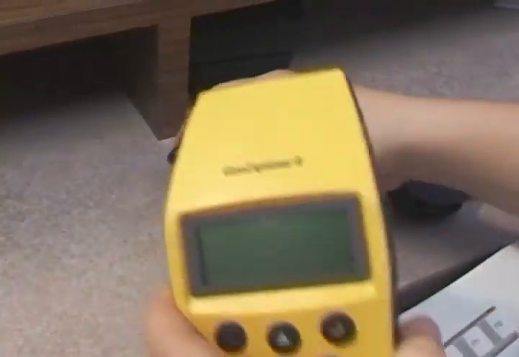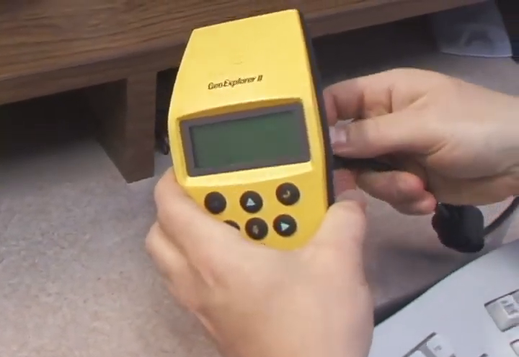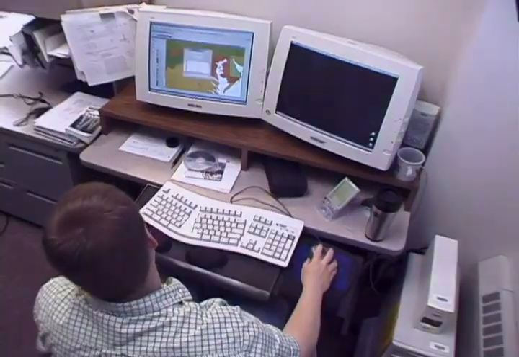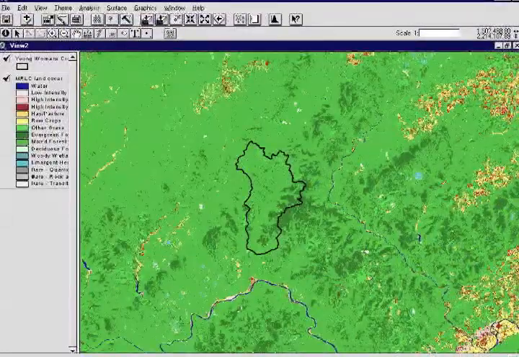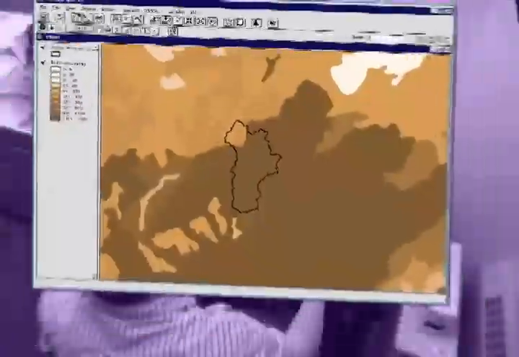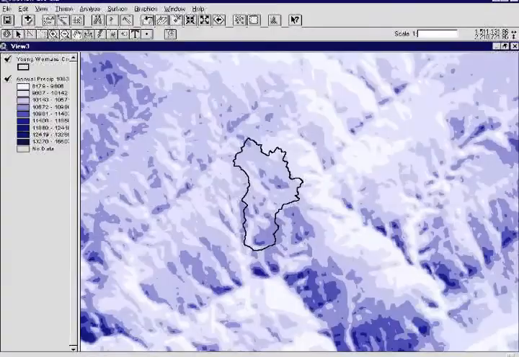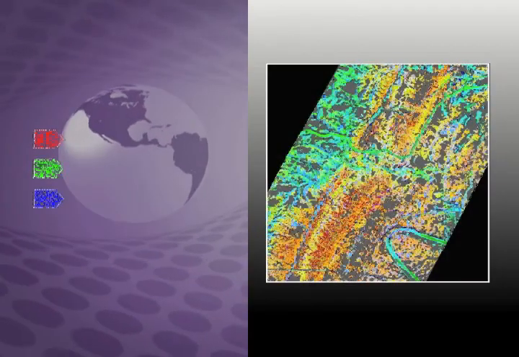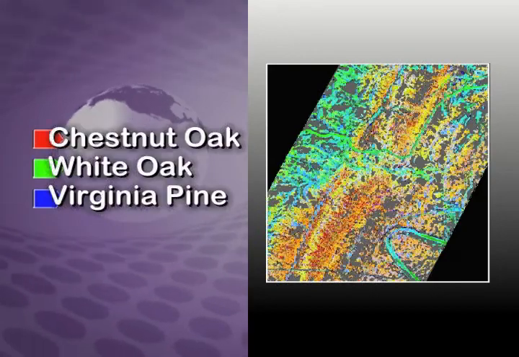We take the GPS coordinates measured on the ground, we input them into the geographic information systems. What we do with the GIS is that we collect information about terrain, about the topography, about soils, and about geology, and about weather and climate that allows us to test hypotheses about what is controlling the distribution of a certain species of oak or pine.